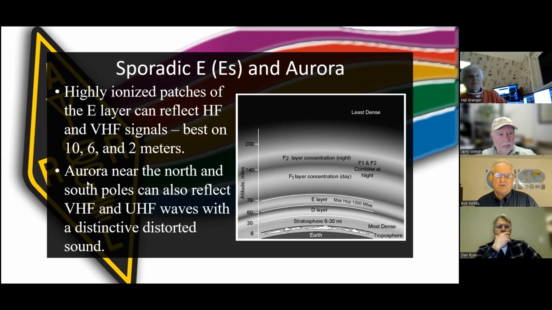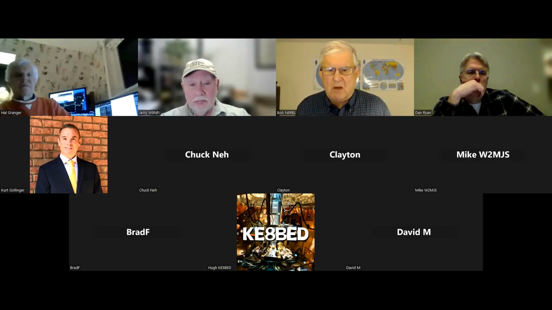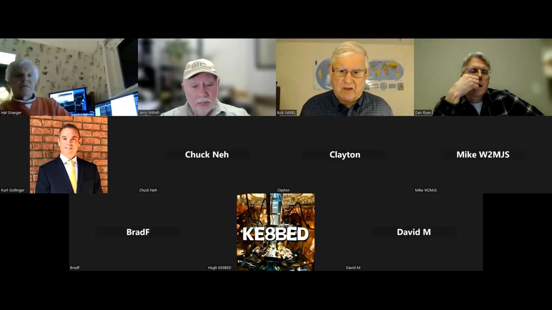Two ways are from an aurora, the aurora borealis or the northern lights, and the other is through meteor scatter. As a meteor passes through the atmosphere, it leaves an ionized trail that lasts from a few seconds to a few minutes. You can bounce a signal off that, but that signal can be quite distorted.